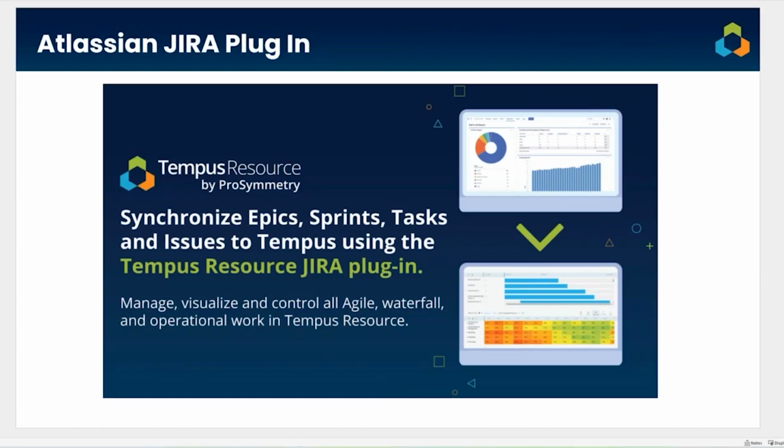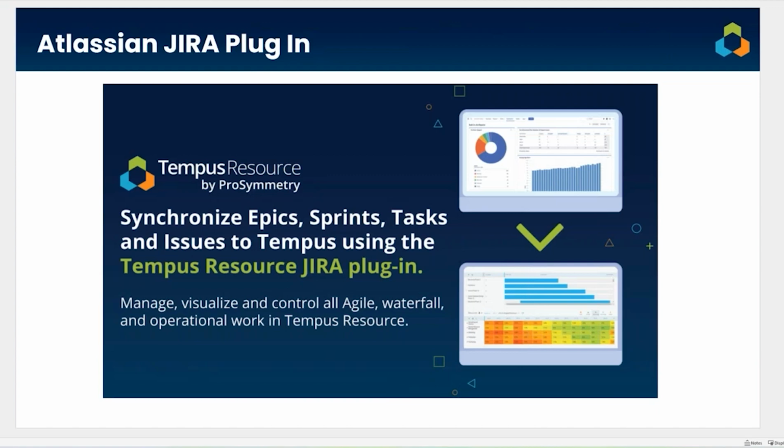Good afternoon, everyone. We recognize that many of you rely heavily on Jira for issue tracking, sprint management, epic planning, and some of the Agile techniques. However, one of the challenges that we identified during our calls with you is the process of syncing data between Jira and Tempus.